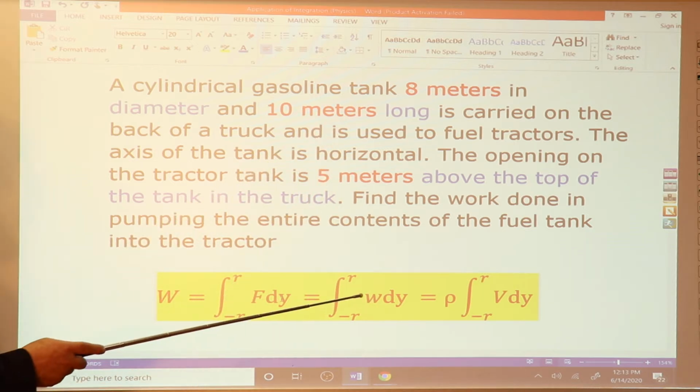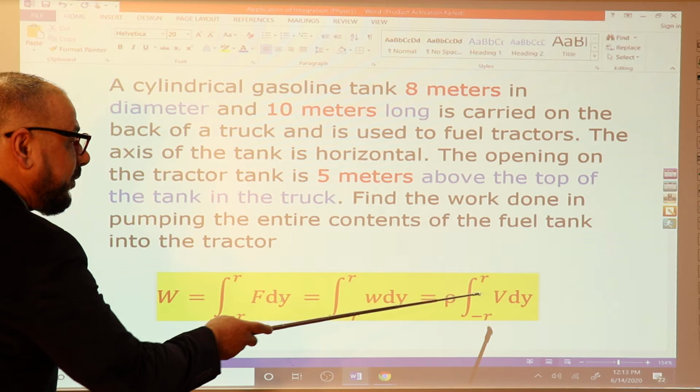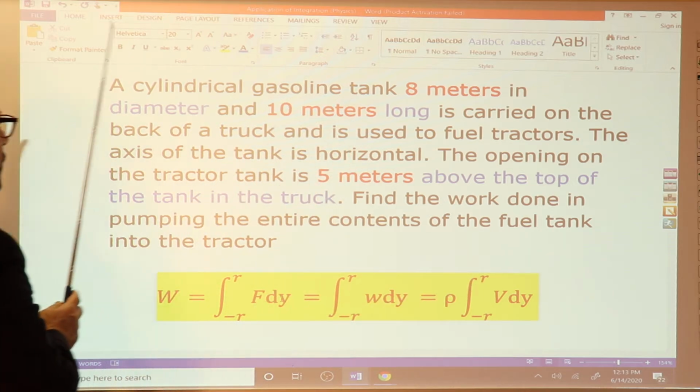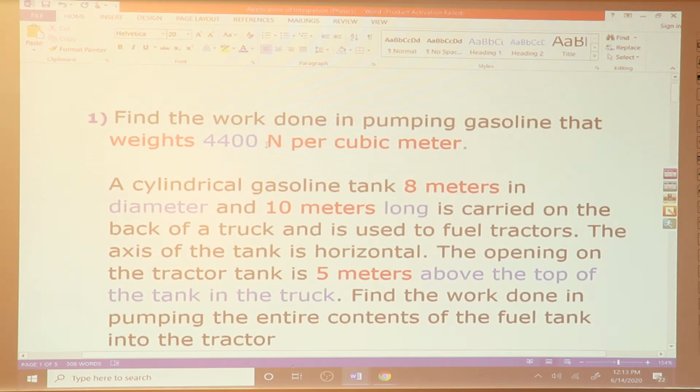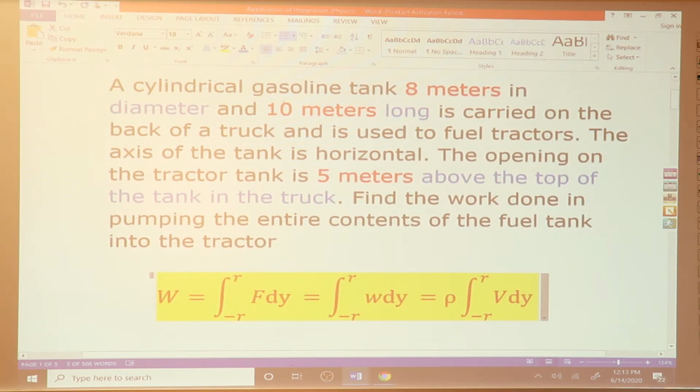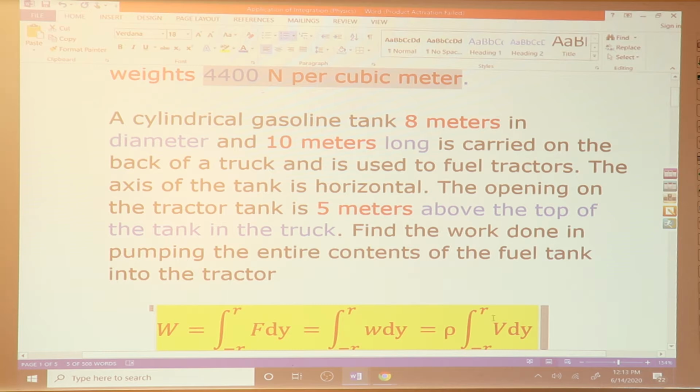The weight equals rho times V, the density, because the density is given as the gasoline weighs 4,400 Newton per cubic meter. This is my density, rho, the Greek letter rho. If you multiply this density by the volume, rho times the volume gives you the force.